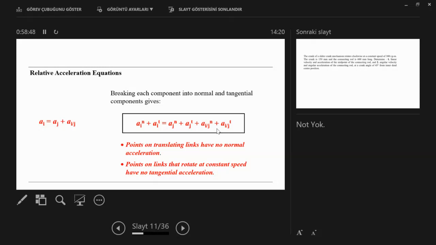This is not correct according to my observation. I have to change it. It must be AI is equal to G plus G about I. Let me say the difference, so I have to correct it. It is not correct.